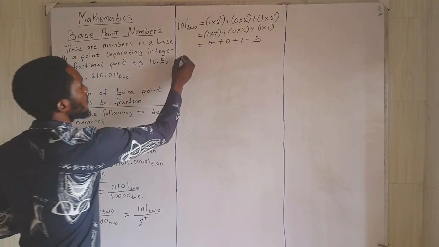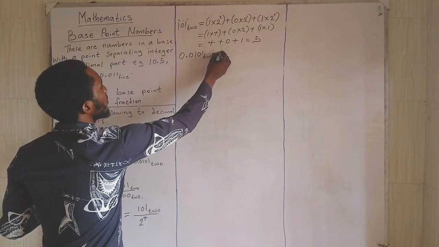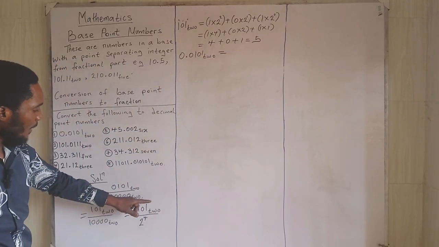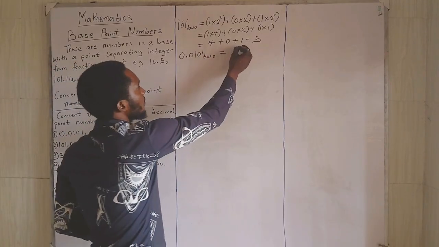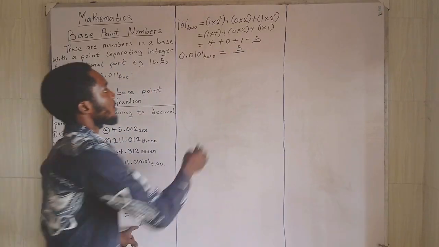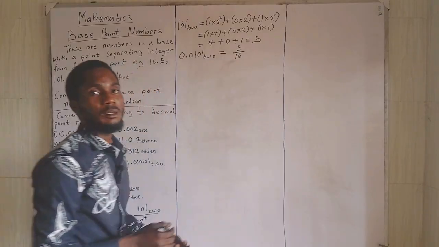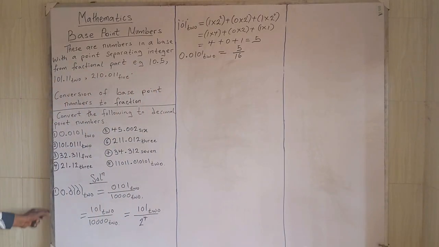We are given 0.0101 base 2. This is equal to 5 over 2 raised to power 4, that is 16. And we are done.